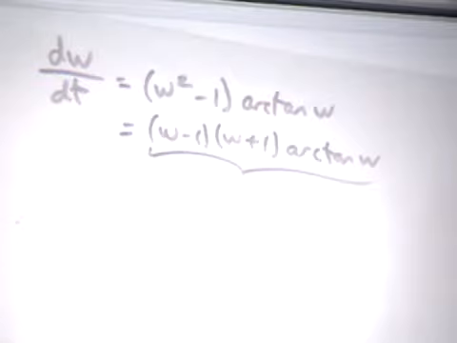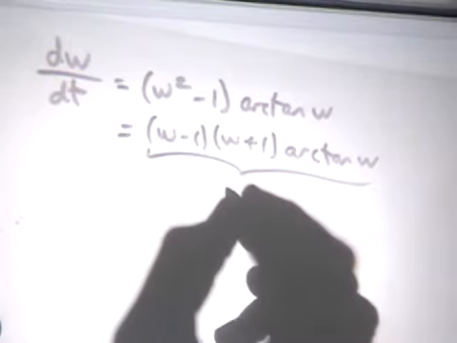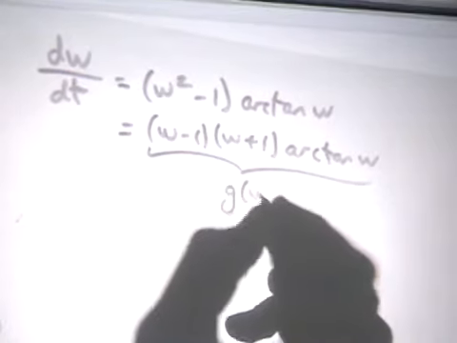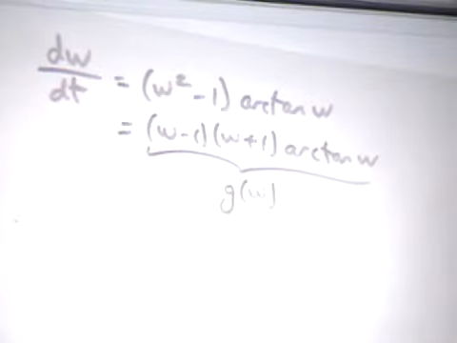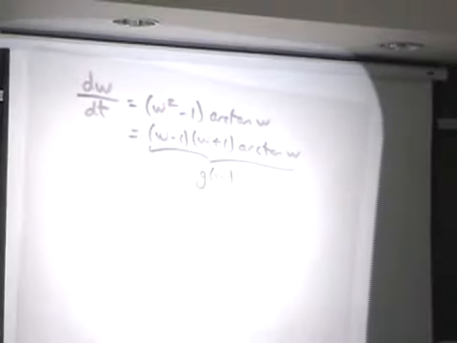Instead of calling it f, I'll call it g. So I'll think of the right-hand side as being g of w. So I definitely have roots to the right-hand side at w equals 1, w equals negative 1. Any others? Well, it depends on what that arctangent function is doing.